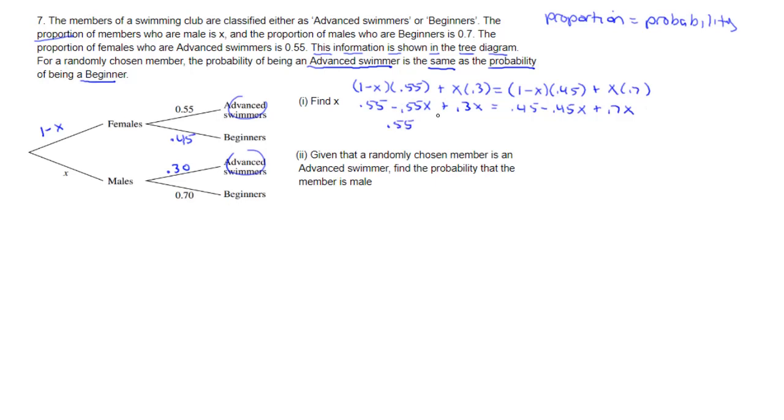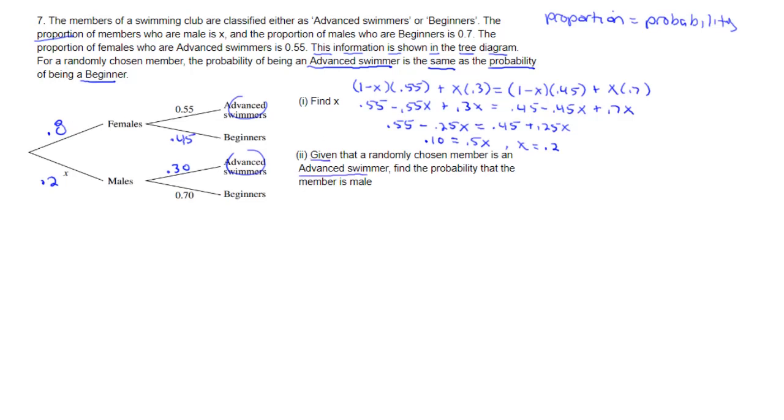And that will be awesome. So in this case, I've got 0.55 minus 0.25x, and it's going to equal 0.45 plus 0.25x. When I simplify it, it's going to be 0.10 equals 0.5x. x is going to equal 0.2. So now I know that's 0.2, which means this other side's got to be 0.8. And I can fill that in.